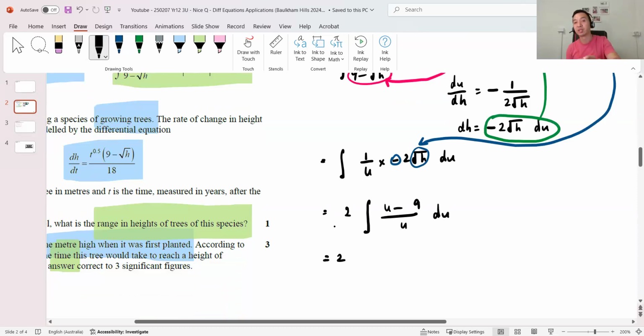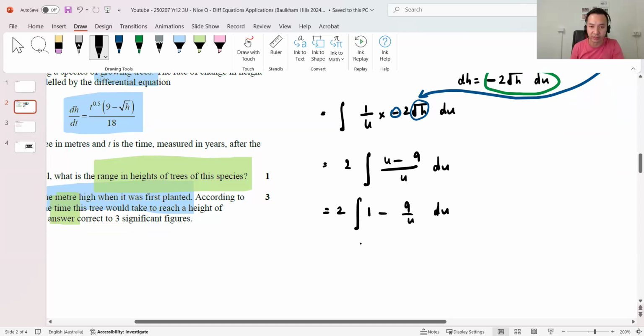All right. By the way, substitution method, the whole point is to replace all the h's we use. I've done that now. So now it's just integrating this guy here, split that fraction, 1 minus 9 on u, which is really easy to integrate now. So 2 outside of u minus 9 ln absolute value u plus c.